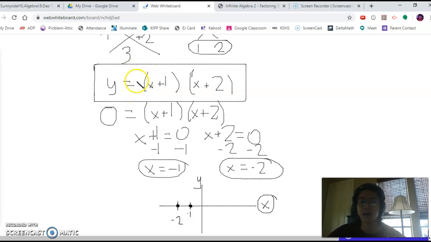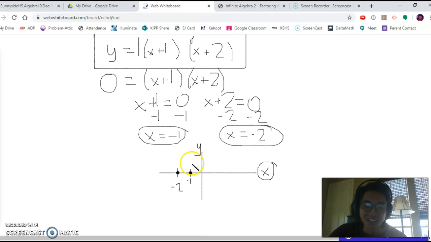No, there is not. But when we don't have a number, what hidden number is there? 1. Is 1 positive or is 1 negative? I believe 1 is positive. So if it's positive, we're going to be smiling. And we're going to have our parabola open upwards, okay? And so it's going to go through those 2 points. And we are going to graph it as such, okay?